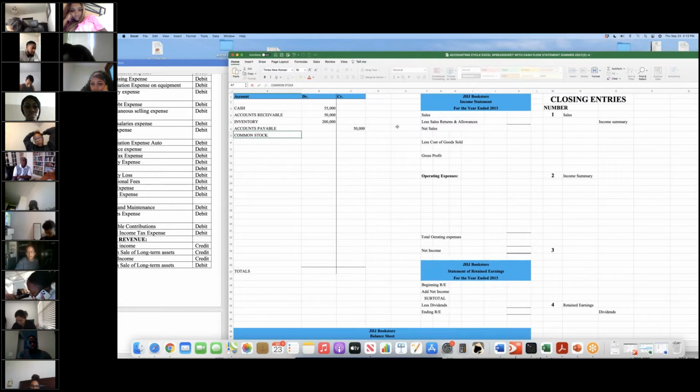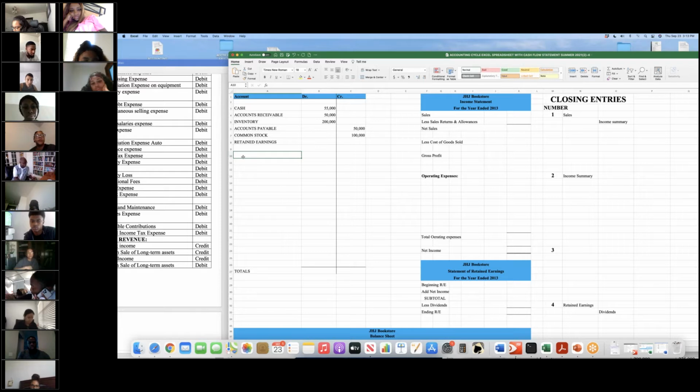So common stock, how much is in common stock? What comes next? Dividends. Our new account that we're learning about today, retained earnings, comes next. Then let's go to dividends.